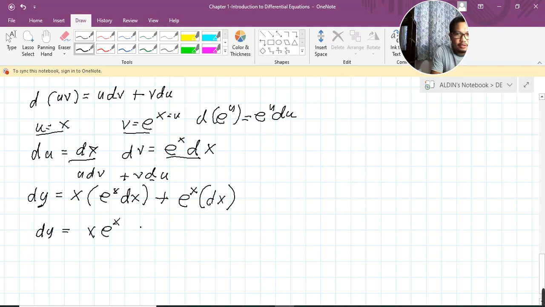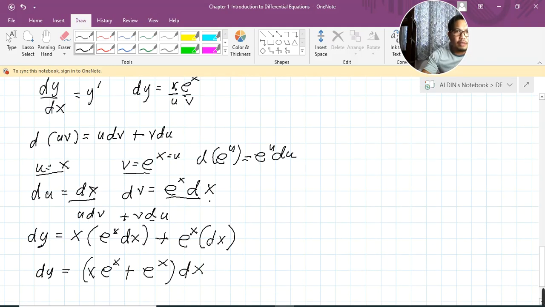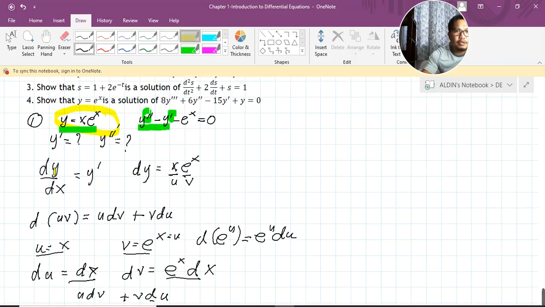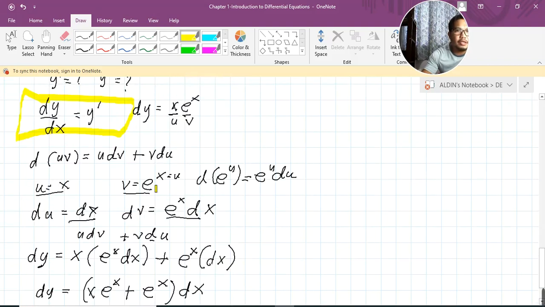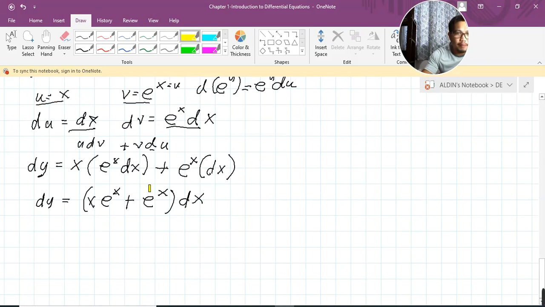Ilabas natin yung dx. Okay? Since ang first derivative natin, ang first derivative is equals to what? Ito yon, dy over dx. So, hanapin mo yung dy over dx. So, paano ka magkaroon ng first derivative or dy over dx? So, divide both sides by dx.